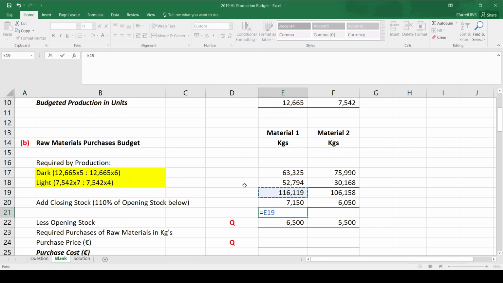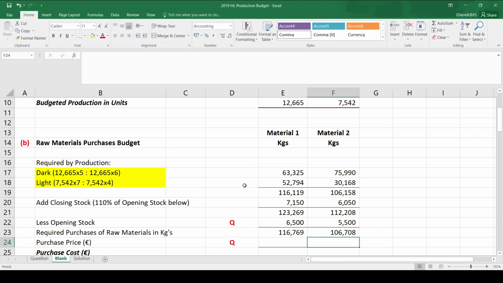So again, I'm going to add closing stock, gives me that figure, and then take away opening stock, leaves me with 116,769. And for material 2, I am going to get that figure, add closing stock, and then take away opening stock. So these are the kgs I need to purchase of material 1 and material 2.